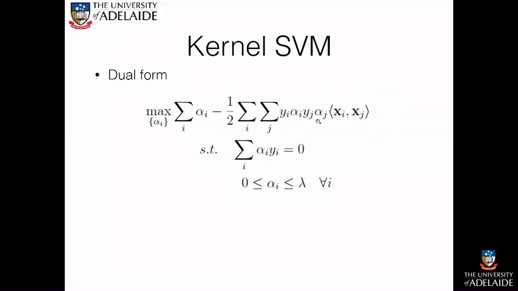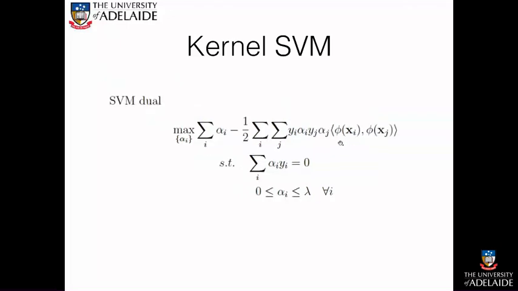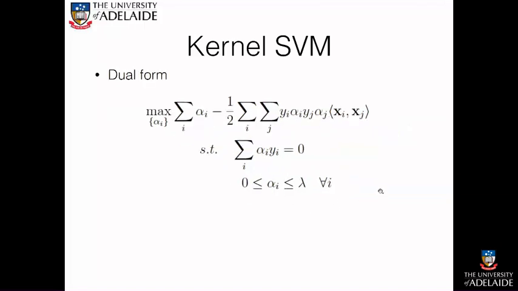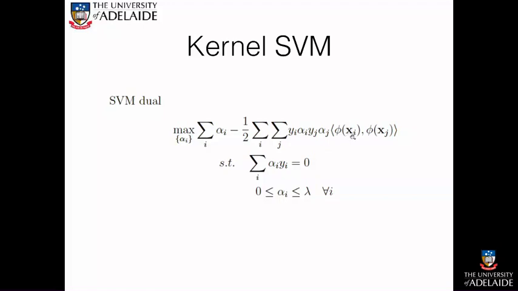So now, to get a nonlinear SVM, we replace xi, xj by phi xi, phi xj. Then we need to calculate the inner product of the transformed feature map. That's the kernel function. Just compare the linear case with the nonlinear case: we replace xi by its feature map.